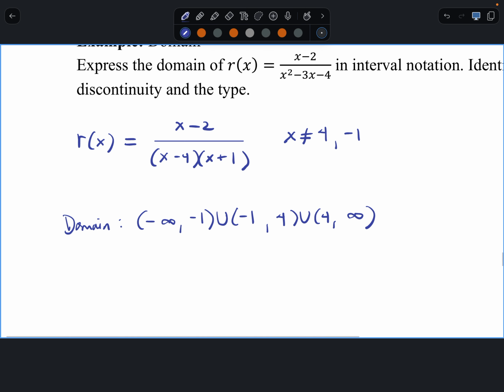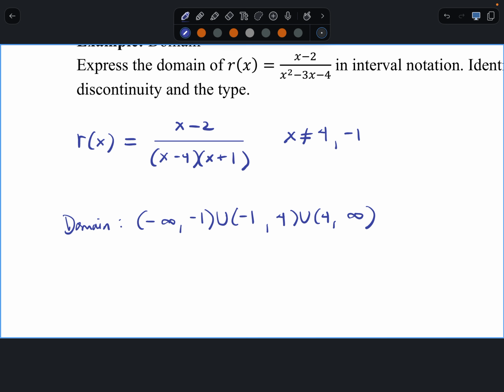Both of these domain restrictions end up corresponding to non-removable discontinuities because graphically they represent vertical asymptotes.